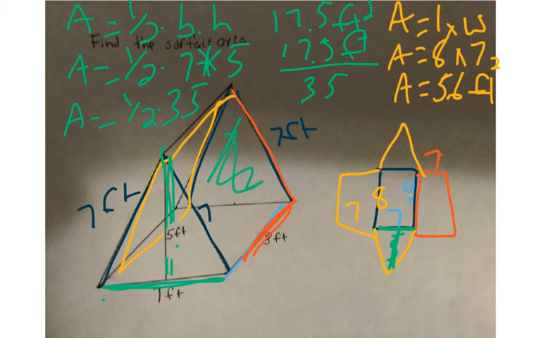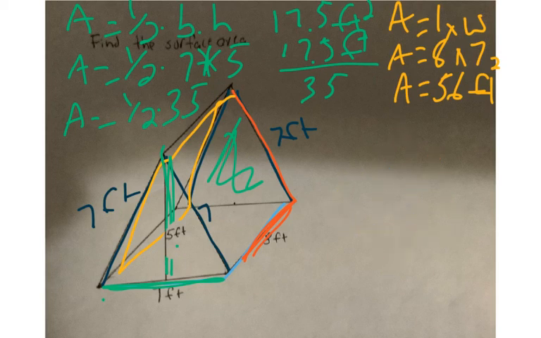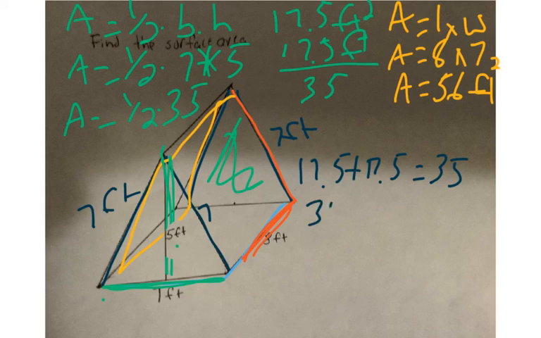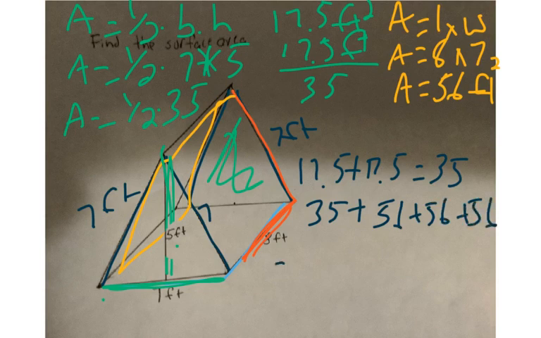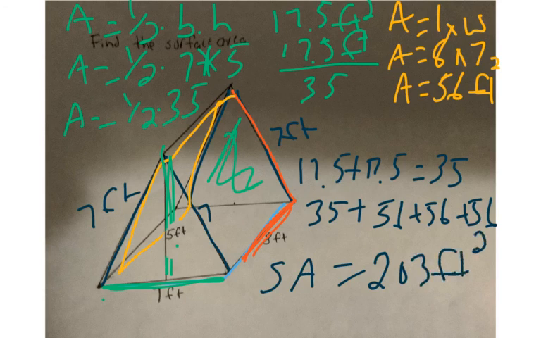So our total surface area is going to be, I'm going to erase so we have a little bit of space here, 17.5 plus 17.5, which we know is 35. So that 35 plus 56, 56, and 56, which gives us a total surface area of 203 square feet.